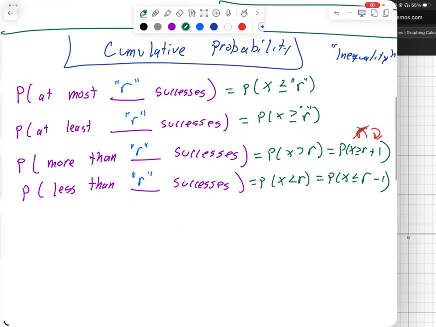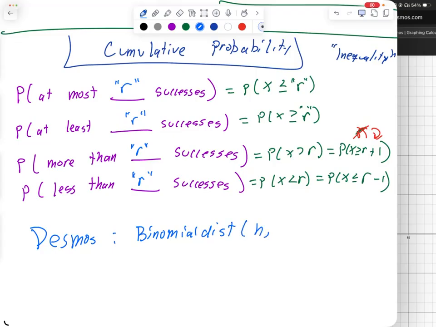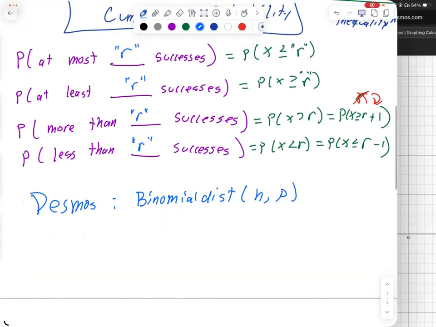Now, why am I showing you this? It sounds complicated, but if you can read the math problem, Desmos has a trick up its sleeve for you. In Desmos, binomial DIST, n, p has a little option for you under here.